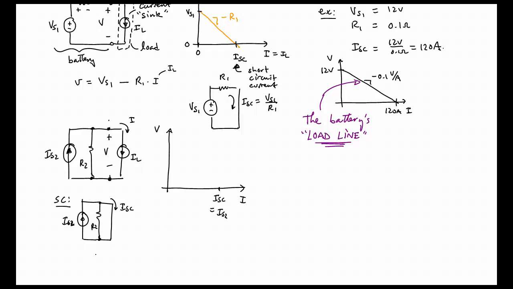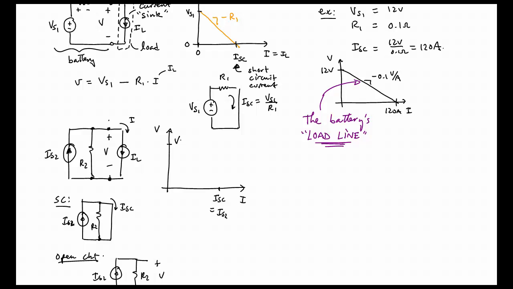Now what if we do an open circuit? Open circuit would be when there is no current path out to the load. And now we have the following circuit, and the voltage that we would see would simply be IS2 times R2.